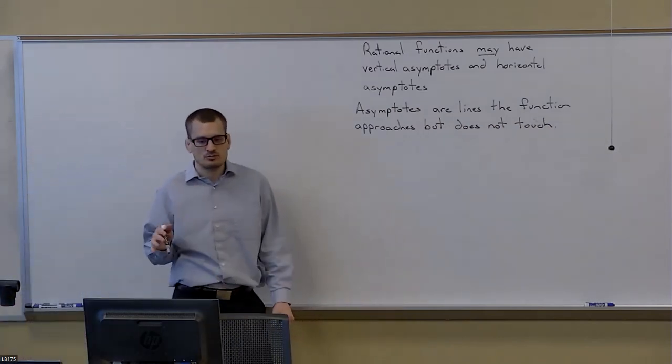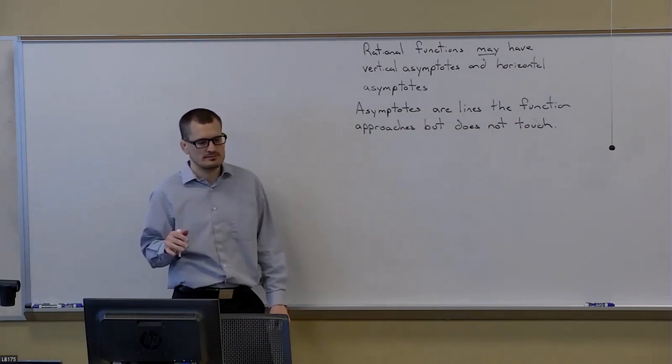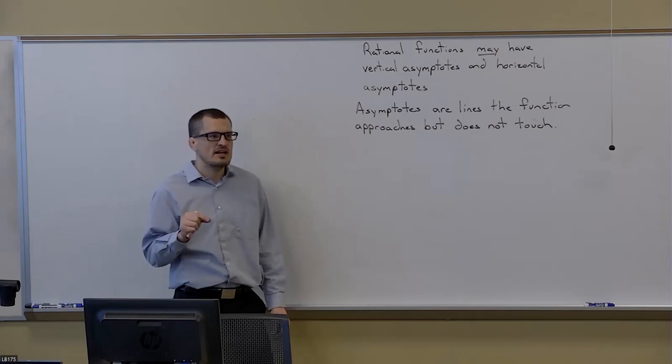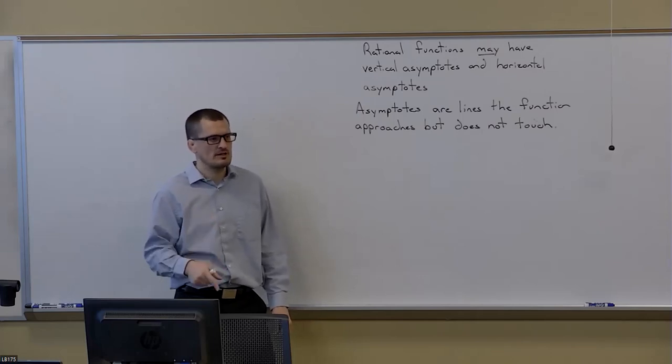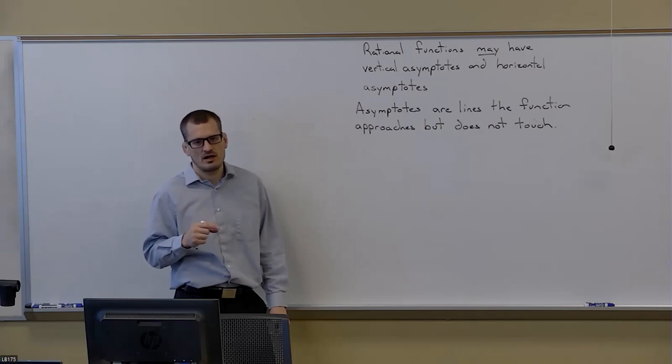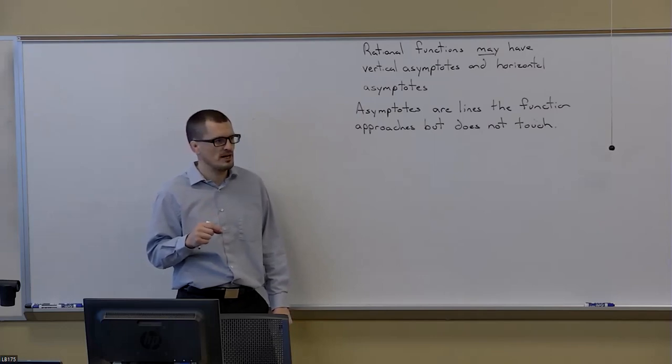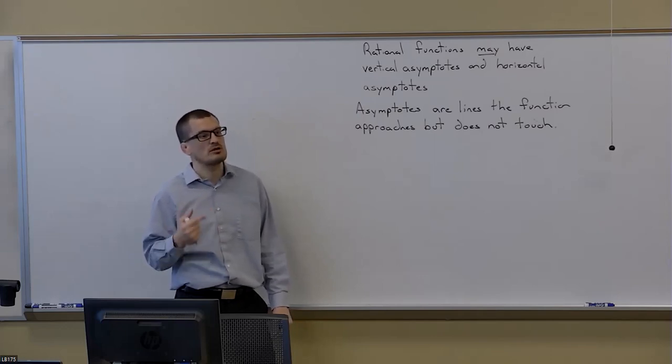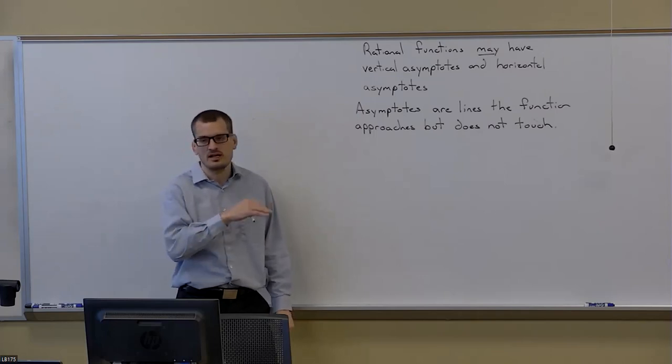Now, here's the algebraic stuff that we're going to do. Okay? How do I find a vertical asymptote? One that's going up and down to positive infinity. How do I find a horizontal asymptote? One that's going left and right.